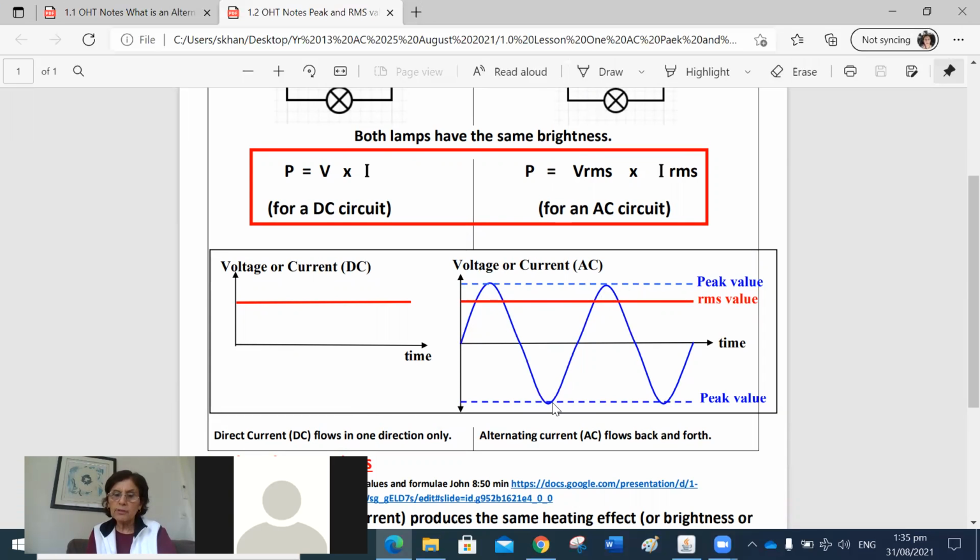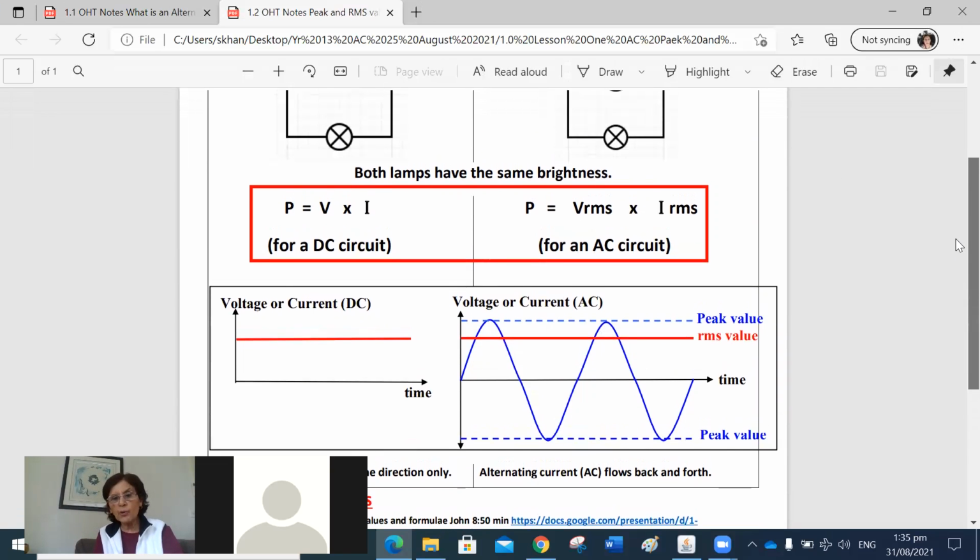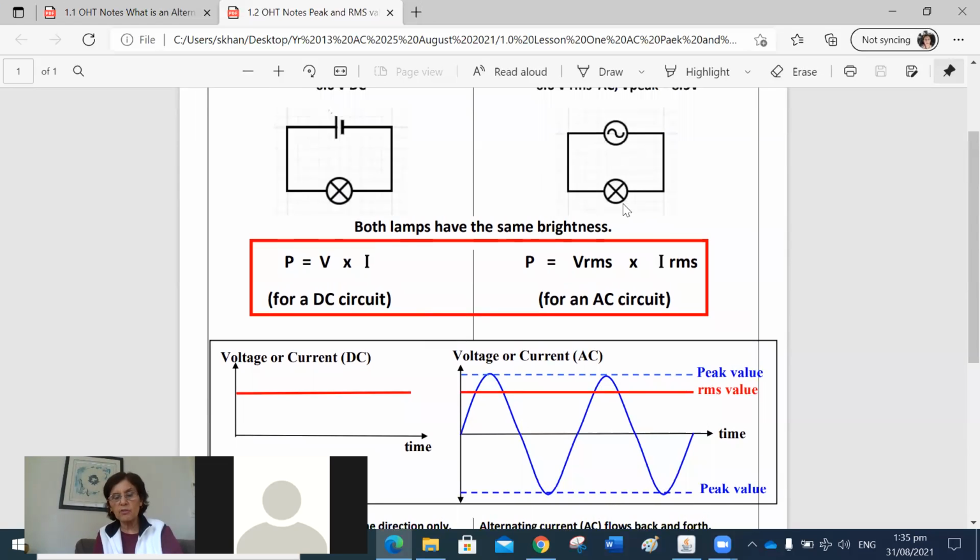It's not that if the voltage is negative or the current is negative, there will be no brightness. Energy will still be used up by the lamp. It doesn't matter whether the current goes this way or that way. So how do we compare, because current is changing all the time, how can we compare it with the DC voltage?